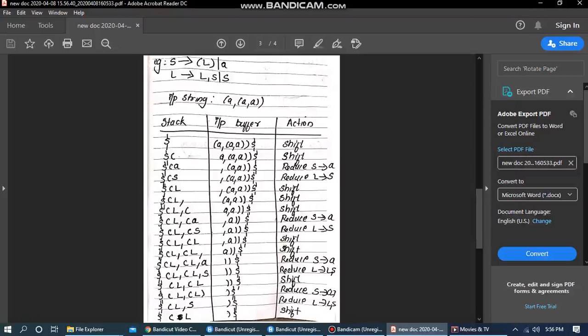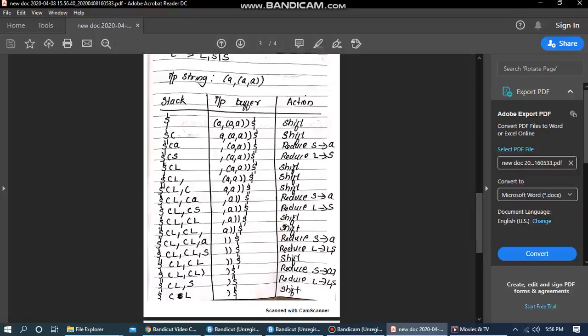Then again compare this stack with the grammar. What is similar? Yes, in the second production, L comma S. In the place of L comma S, you can write L. And don't forget to write the action, that is reduce L gives L comma S. Continue writing the input buffer as it is.